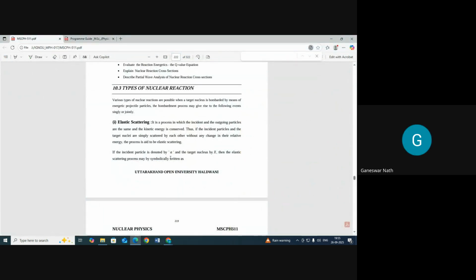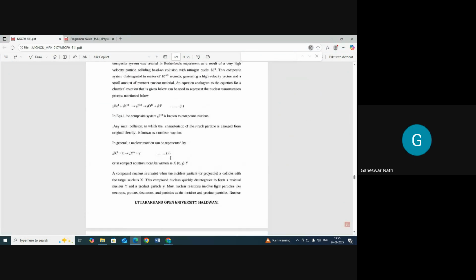That small x, so F. Is that iron or fluorine?